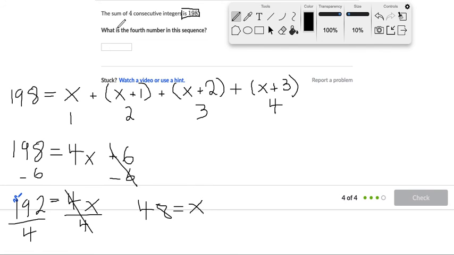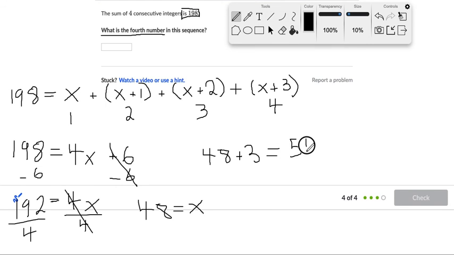And one last time, we are looking for the fourth number, not the first number. And our fourth number is equal to x plus 3. So let's do 48 plus 3. That gets us 51.